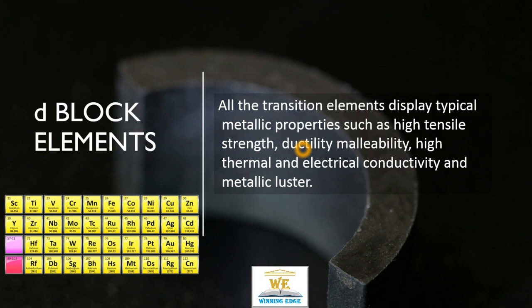Malleability means we can draw them into wires. They have high thermal and electrical conductivity. Heat and electricity can easily pass through these metals, and they have metallic luster. In simple terms, D block elements have typical metallic properties.